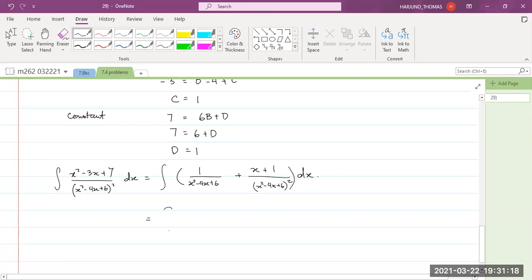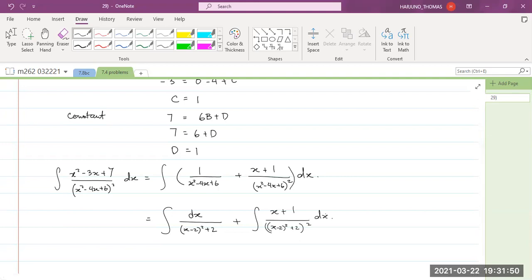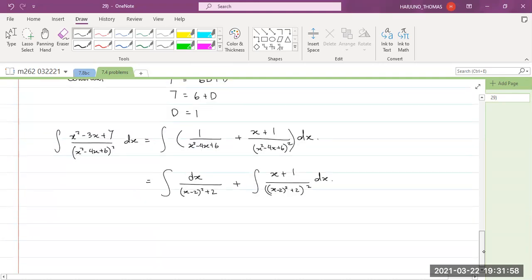I will separate them. So this is dx over, and let me complete the square right away at the bottom, x minus 2 squared plus 2, plus the integral of x plus 1 over x minus 2 squared plus 2 being squared dx. Wouldn't you want to separate the 1 from the x? Yes, that's what I have in mind.